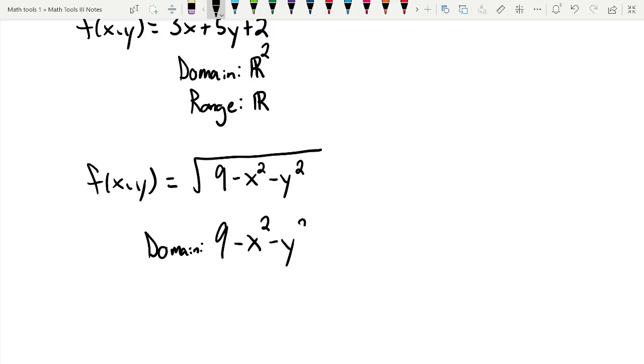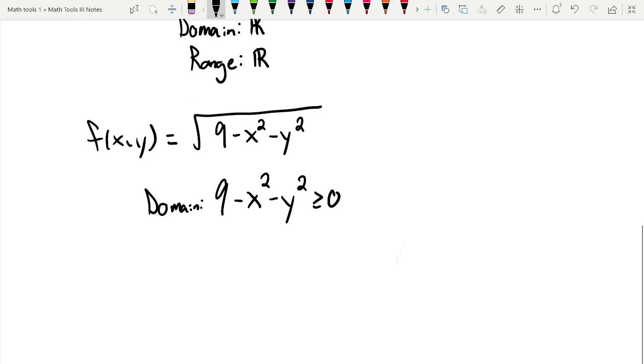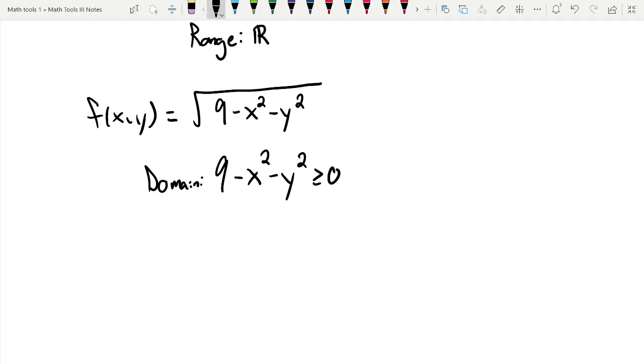we know that this must be greater than or equal to 0 because that's the limitation of the square root function. So if we just rearrange this, we'd have x squared plus y squared is less than or equal to 9. Now you might be familiar with this function.